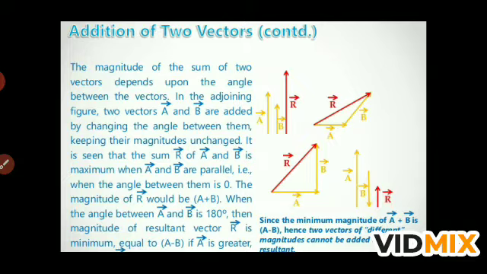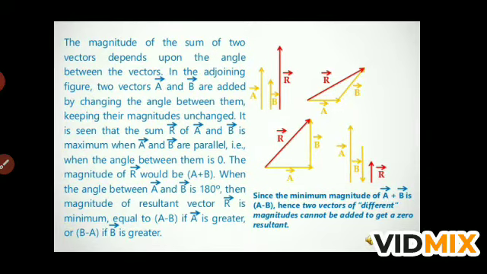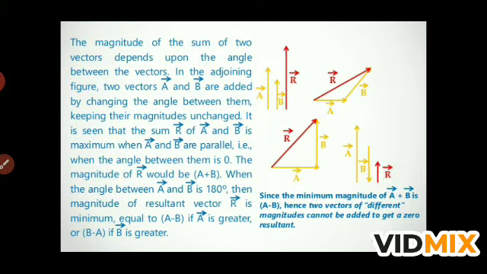It is seen that the sum r of a and b is maximum when a and b are parallel, that is when the angle between them is 0, and the magnitude of r would be a plus b. When the angle between a and b is 180 degrees, means they are opposite to each other, the resultant will be a minus b, and in this case the resultant is minimum.